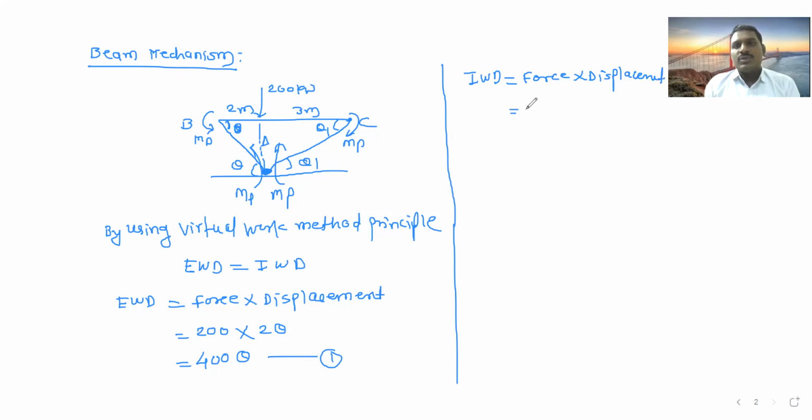Here the force is the moment generated due to the external force, and the displacement is the rotation through which that movement is generated. Which force is there? How many MPs are present here? There are 4 MPs, correct?